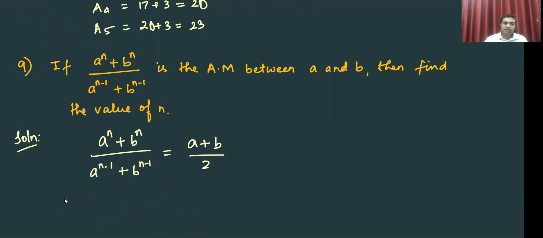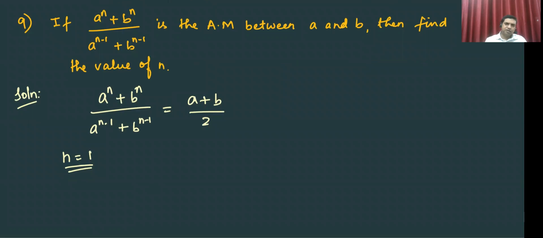But you can just see that by substituting n equal to 1, both sides become equal. And so it's just by observation. If you have to do it mathematically, you'll have to do a calculation.